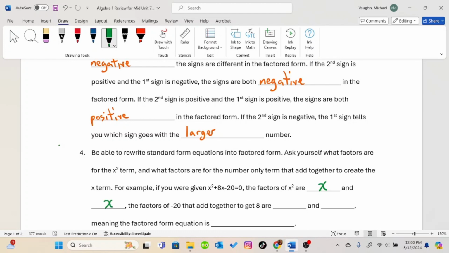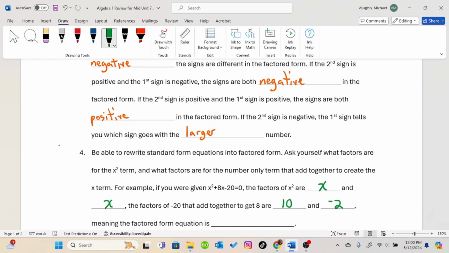The factors of negative 20 that add together to get 8 are positive 10 and negative 2. Because 10 times negative 2 will give us negative 20, and positive 10 minus 2 will give us positive 8.